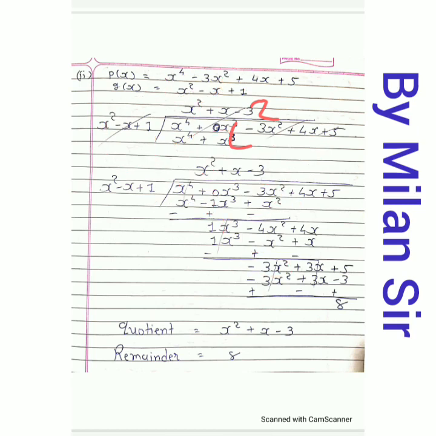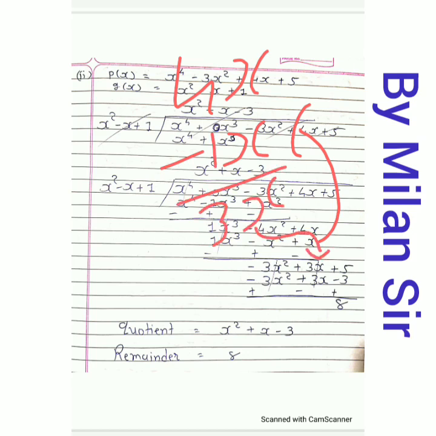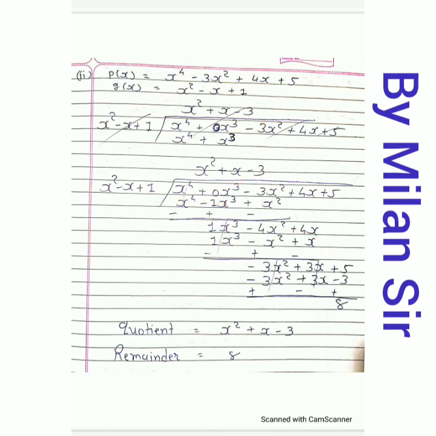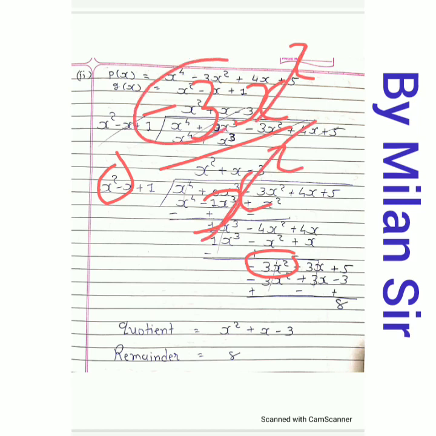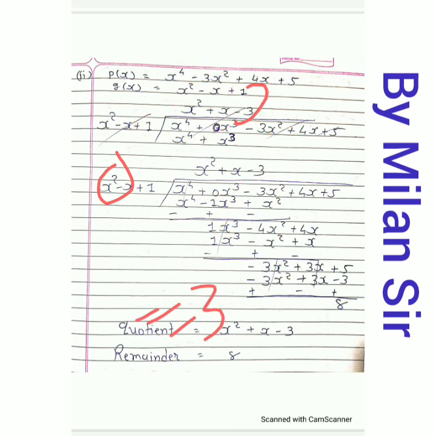Last step, 4x minus x, nothing is given, 1x, so 4 minus 1, 3x, that I wrote here. Okay, then our last step of p of x, plus 5 comes downside, and again here first term is minus 3x square, divide with the first term x square, so x square cancel, so final answer minus 3, that I wrote in the answer, minus 3.